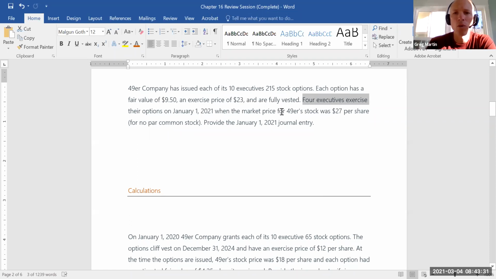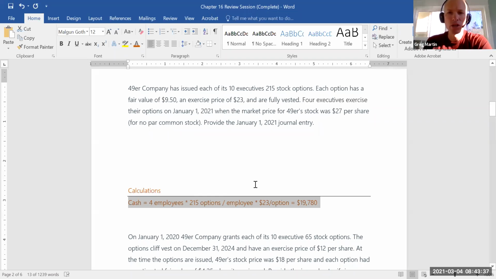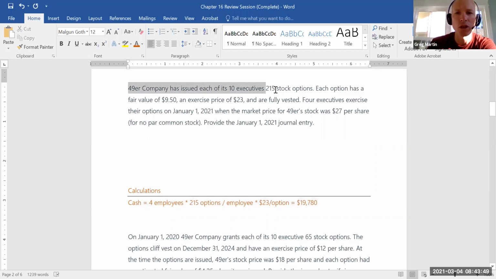And so we need to walk ourselves through these calculations. We're going to start with the first one, which is the amount of cash that the employees had to pay in order to exercise these options. And so we know that each employee has 215 options that's given here in this first line.